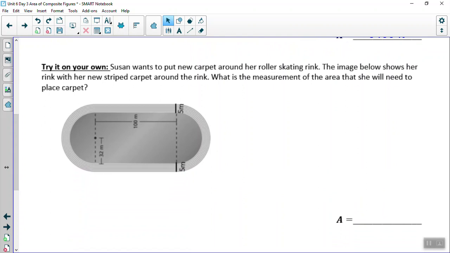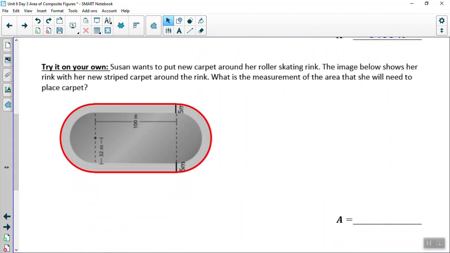So think about before with the shaded and non-shaded area. First, you want to try and find the area of this entire oval, everything inside. What's the total area? So find that area of that red oval. You've got enough information to be able to break this up into a rectangle and two half circles, to know your total diameter from edge to edge, right?